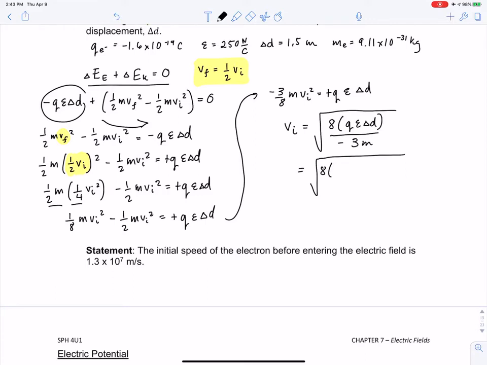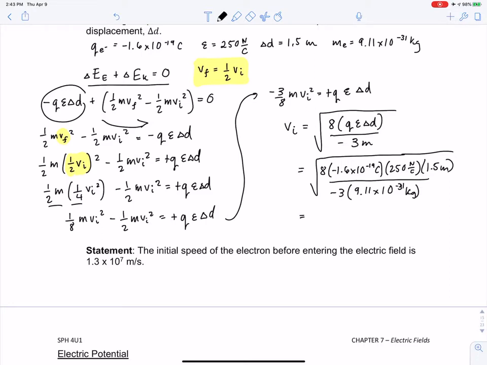That's 8 times negative 1.6 times 10 to the power of negative 19 coulombs times 250 newtons per coulomb times 1.5 meters, divided by negative 3 times the mass of the electron, 9.11 times 10 to the power of negative 31 kilograms.